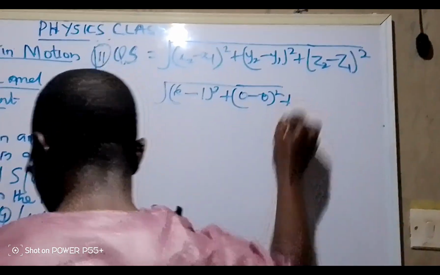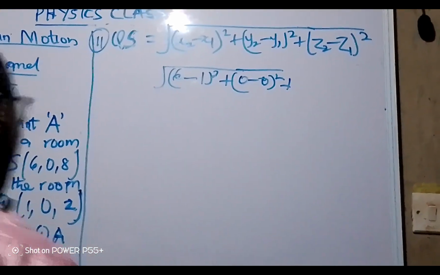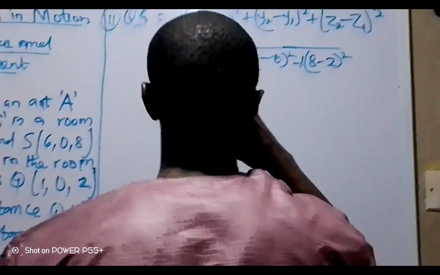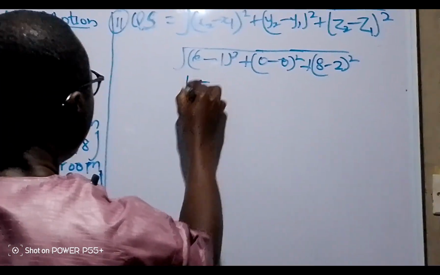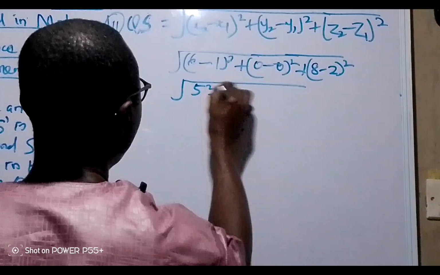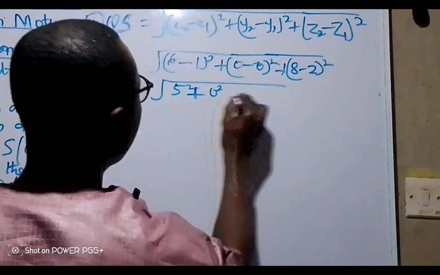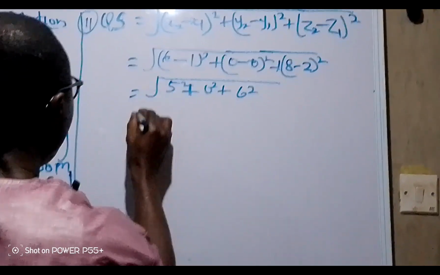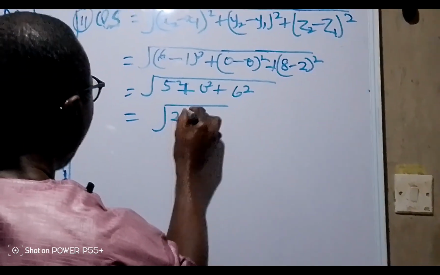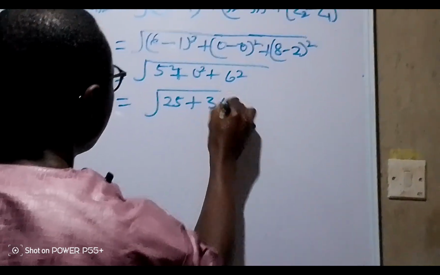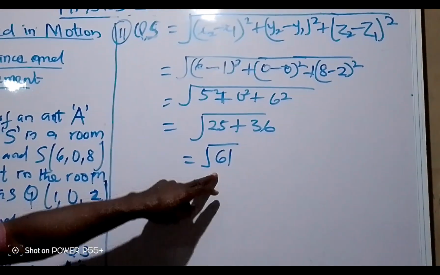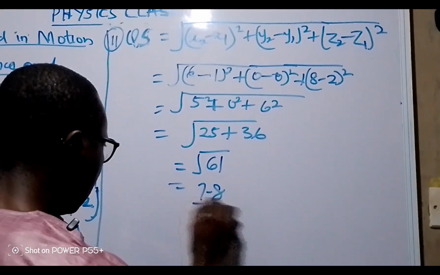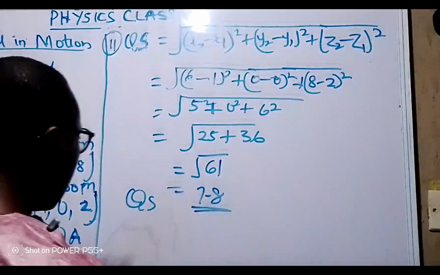Then for z, 8 minus 2 square. So this one will give us 5 square plus 0 square plus 6 square. So this one will now give us 25 plus 36. This is the square root of 61, and the answer will be 7.8. That's the distance between Q and S.